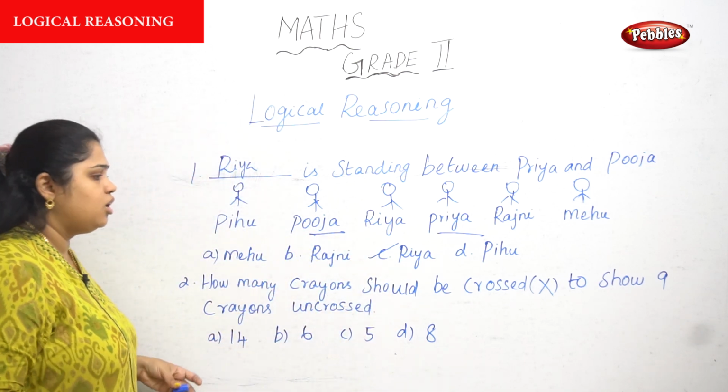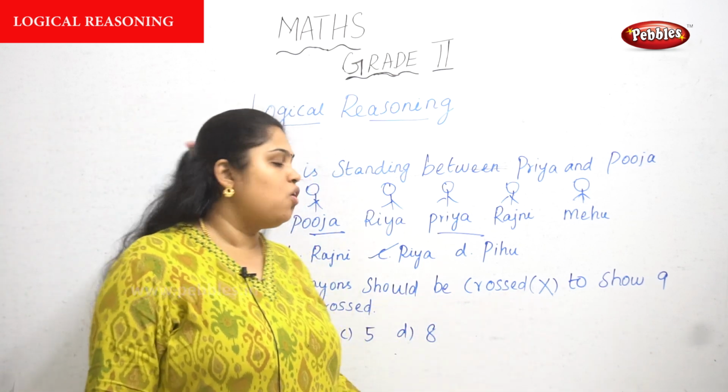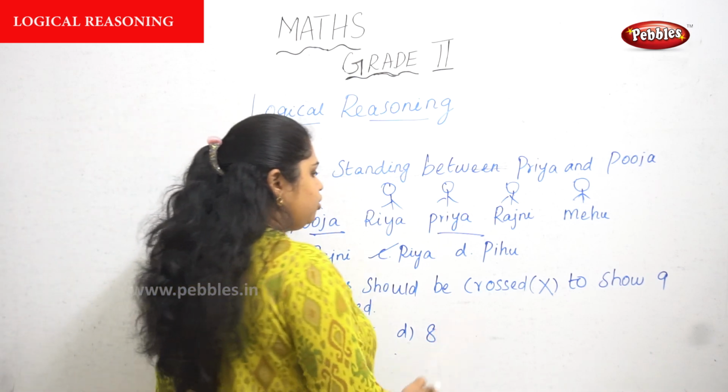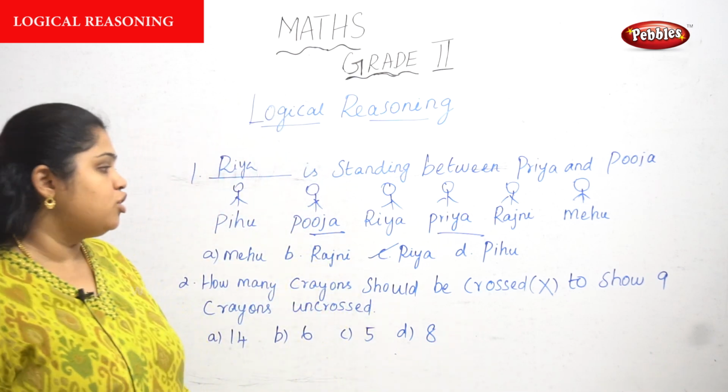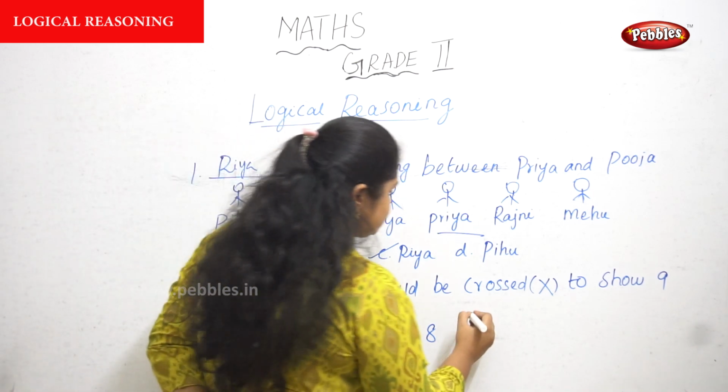Okay, the next question: how many crayons should be crossed to show 9 crayons uncrossed? For example, I am going to draw some crayons.